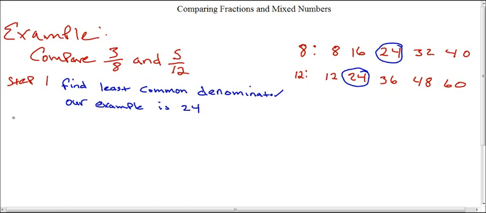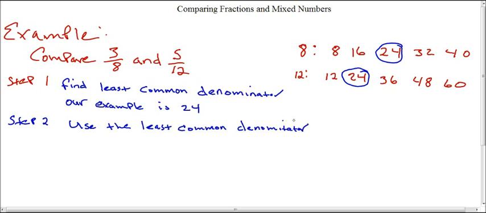So step 2, you want to use the least common denominator to write equivalent fractions.